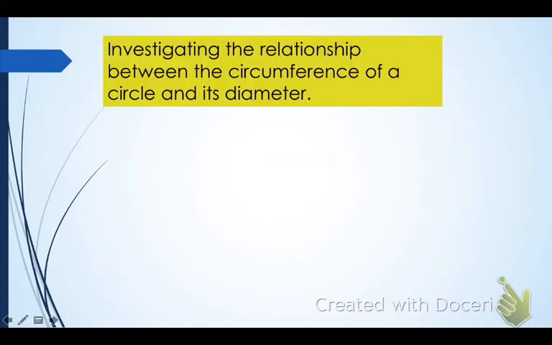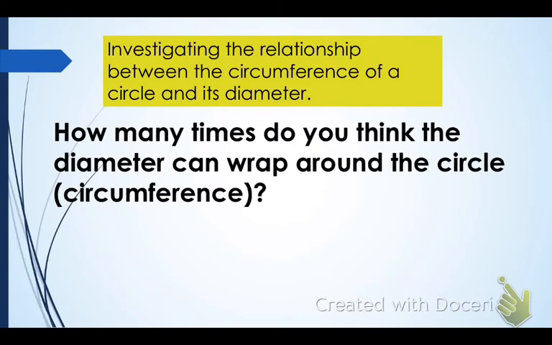So, really quick, let's investigate the relationship between the circumference of a circle and its diameter. How many times do you think the diameter can wrap around the circle? How many times do you think the diameter can go around that circle and create a circumference?